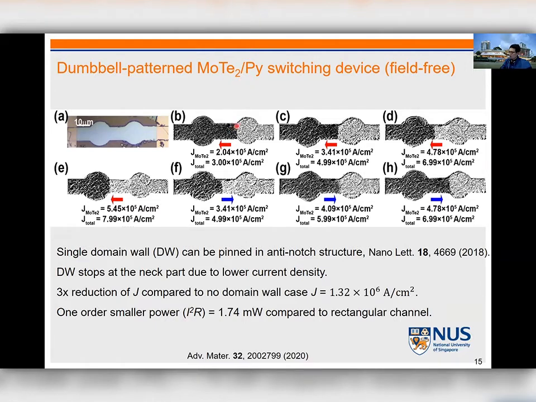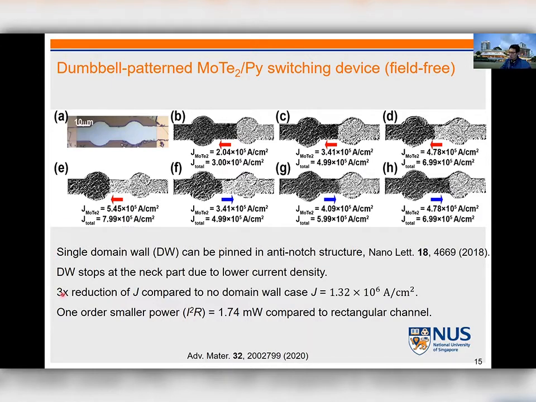Once we adjust the current intensity, the domain wall will always pin at this neck point, because the current density in this rounded part is smaller than in the channel. So we can move this domain wall from one neck to the other neck and back and forth with relatively low current density. And we found this is because the domain wall doesn't need to be nucleated in every switching.